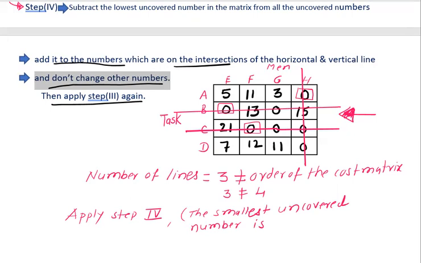What is the smallest? It is 3. So subtract it from all the uncovered numbers. So 5 minus 3, 11 minus 3, 3 minus 3, 7 minus 3, 12 minus 3, 11 minus 3. Add it to the numbers which are on the intersection. What are the numbers on the intersection? Here it is 15 and here it is 0. We have to add 3 to these two numbers and do not change other numbers. So this is step number 4.